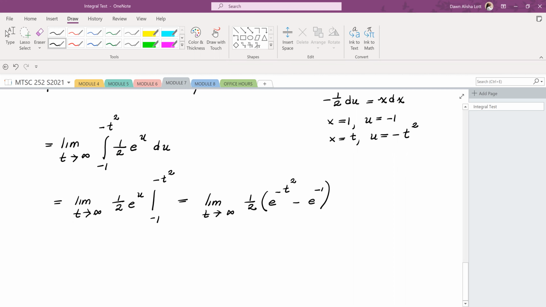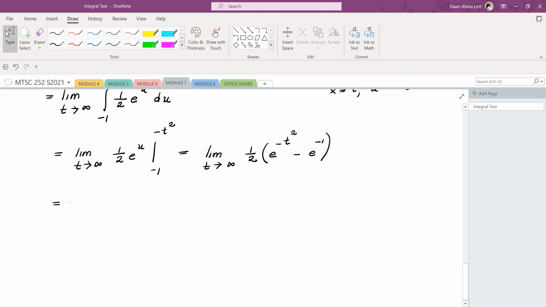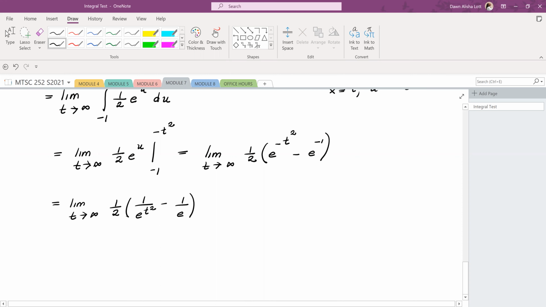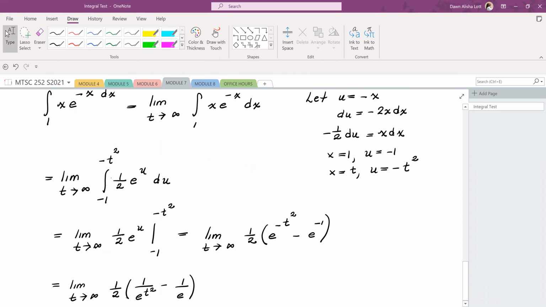I'll just throw one more step in here. The limit as t approaches infinity. So, put my 1/2 back. So I'm going to get 1/2 times 1 over e to the t squared minus 1 over e. And I think I lost a negative. Yep, it's minus 1/2.